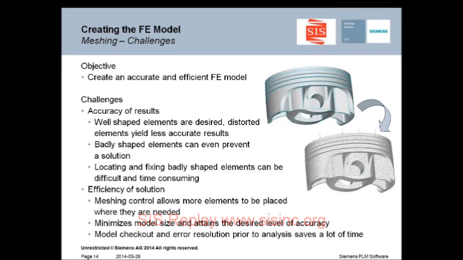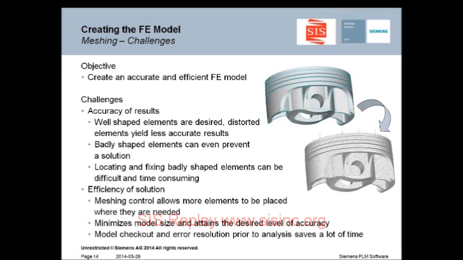So we want to make sure that we don't have any of those, particularly in the areas of interest. With some badly shaped elements, Nastran will even stop the solution if it comes across elements which are just too badly shaped. So we don't want that to happen. We want to actually get a solution by making sure that the elements are well shaped.